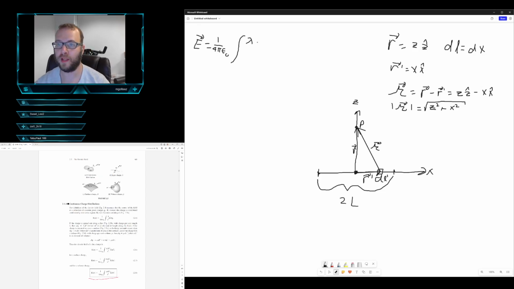So lambda is not dependent on the distance r at all, divided by cursive r squared, r hat, d lambda dl.